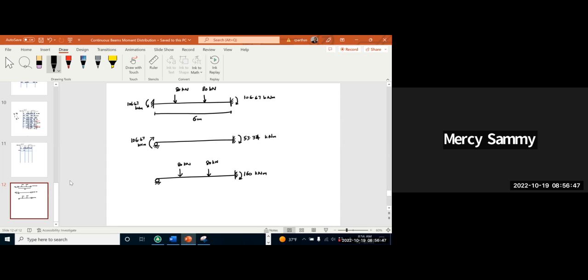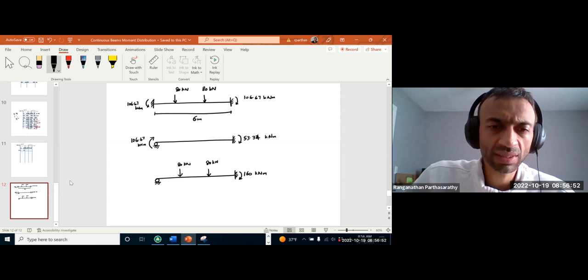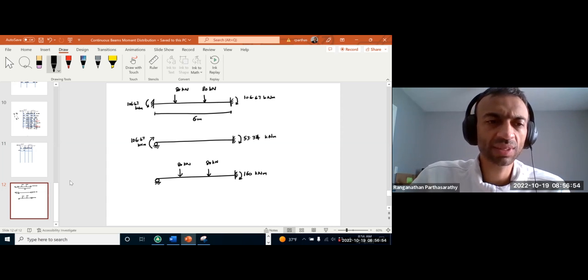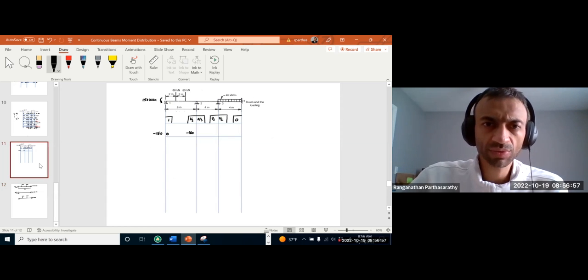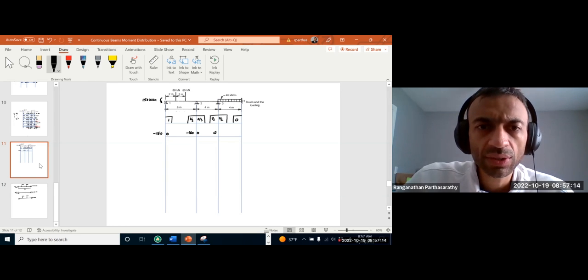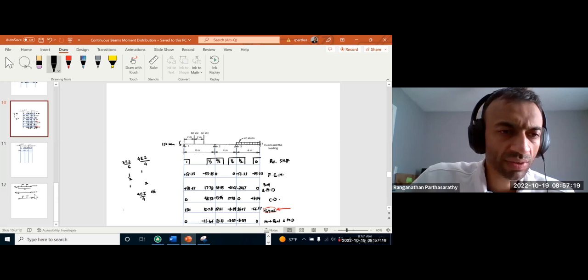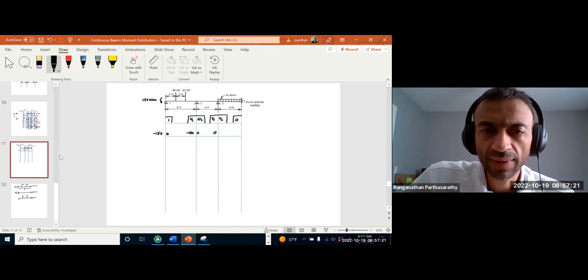But when we release this to become a pin, this becomes 160 and this becomes 0. So we start with 0, negative 150 on this side, negative 160 here, and nothing here. So 0, 0. Here, this was okay: positive 53, negative 53.33.